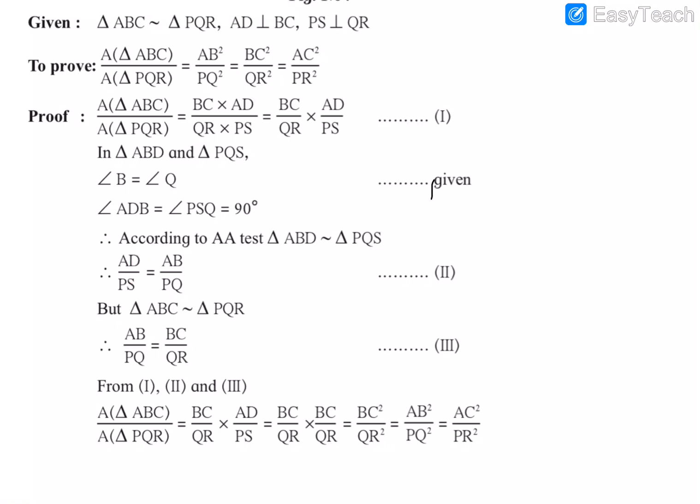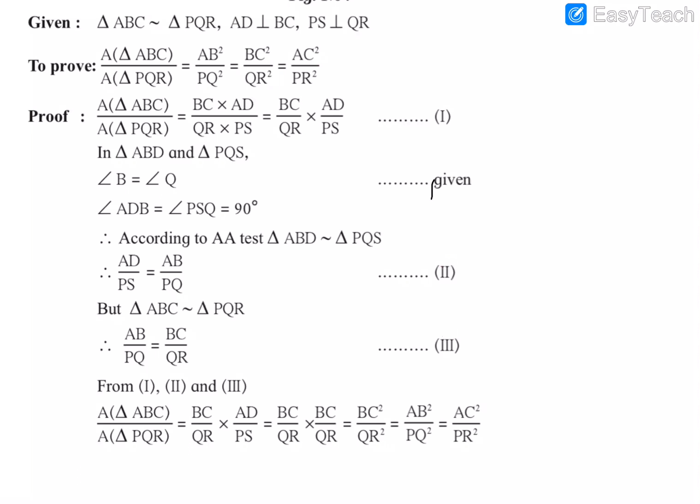So AD by PS is equal to AB by PQ and AB by PQ is equal to BC by QR. That implies that AD by PS is equal to BC by QR.